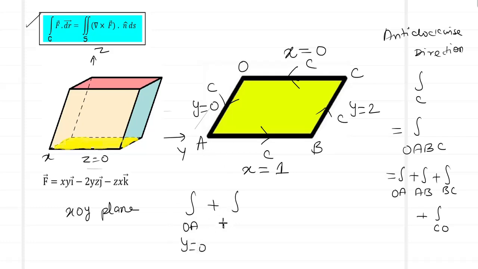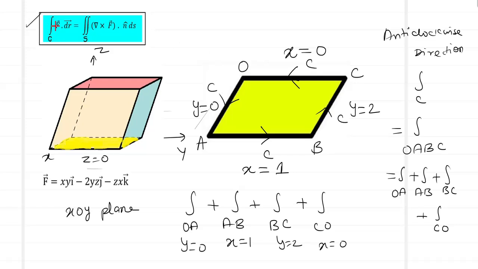Next I am going to integrate along AB, which is called as x equal to 1. Next I am going to integrate along BC, which is called as y equal to 2. And next I am going to integrate along CO, which is going to be called as x equal to 0.